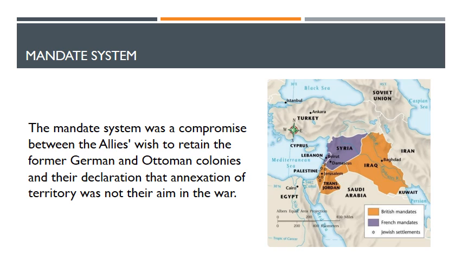Finally, we need to talk about the mandate system. The mandate system, very simply, addresses the colonies that the Central Powers had. After the treaties, those countries, Germany, Austria, and the Ottoman Empire, lost their colonies, and they were taken over by the British and the French.